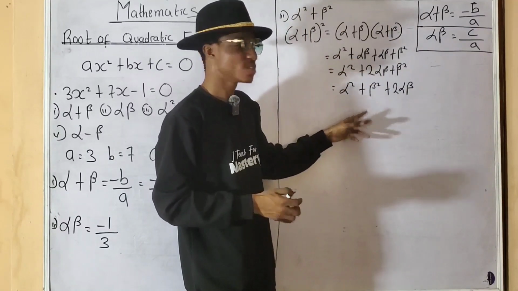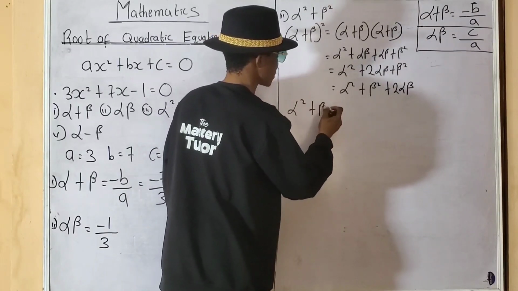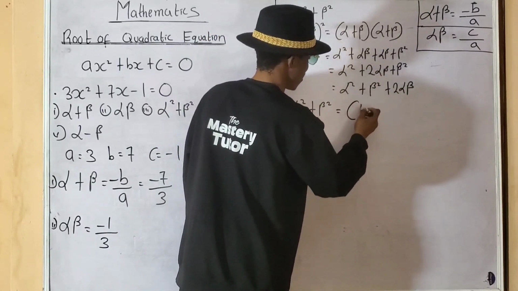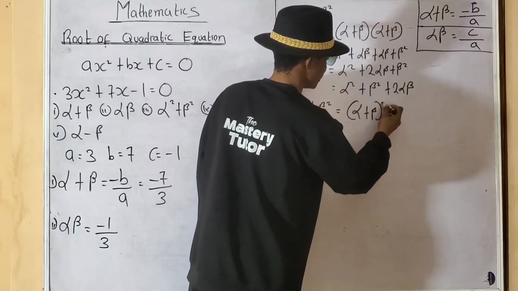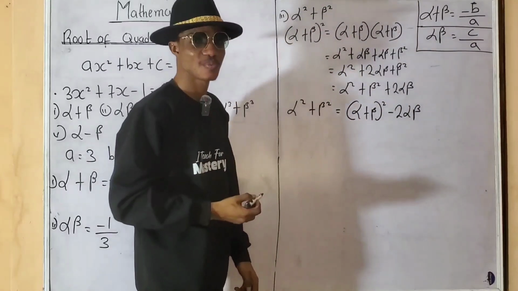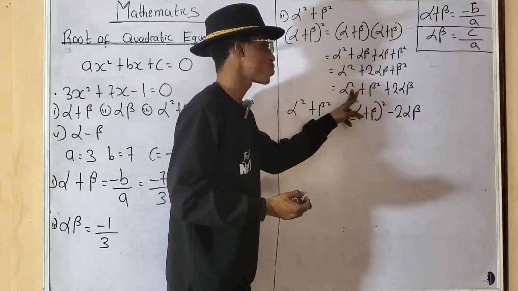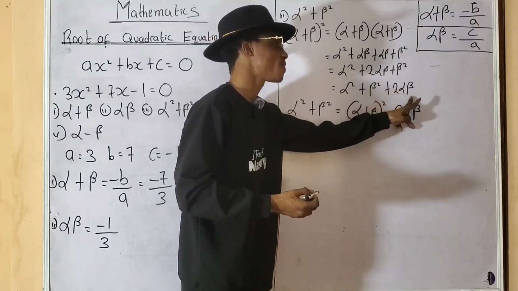Is that not it? So that means I can rewrite alpha squared plus beta squared as (alpha + beta)² minus 2 alpha beta. Do you know (alpha + beta)² is what? Alpha squared plus beta squared plus 2 alpha beta.